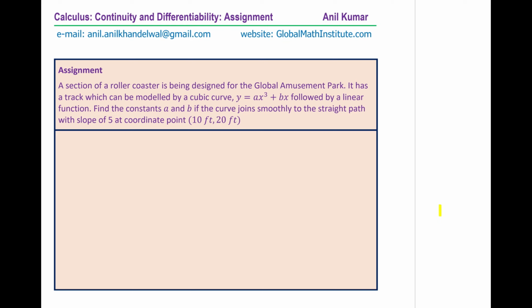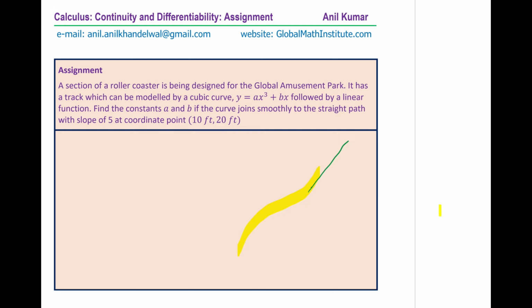So cubic function is something like this, right? And we are saying at this point we have a linear function, right? So whose slope is 5 to us. You get the idea. So that is how they merge. So it's a smooth curve at this particular point.